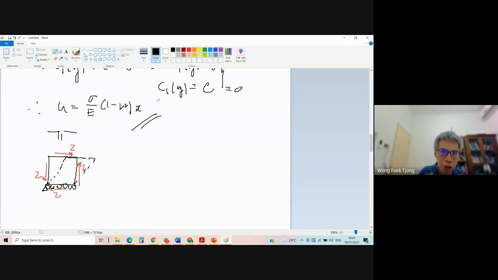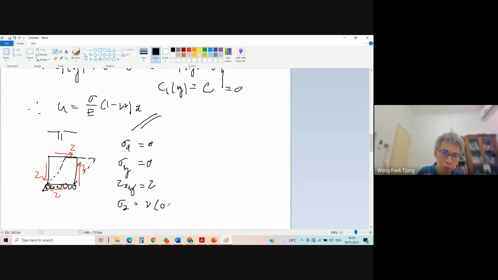So in this condition, the stress components sigma x, sigma y are 0, 0, and tau xy is constant tau, right? This is the stress condition, pure shear. Again, you may assume this as plane stress or plane strain. Again, I assume plane strain. If plane strain, what is sigma z? Sigma z is nu times (sigma x plus sigma y).